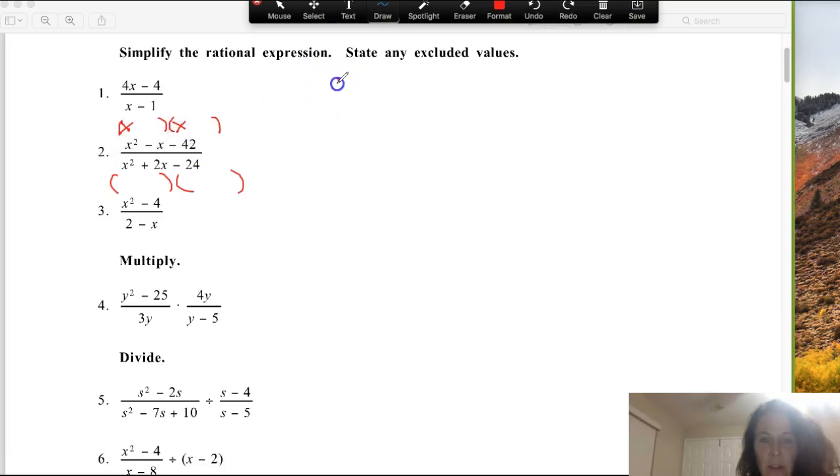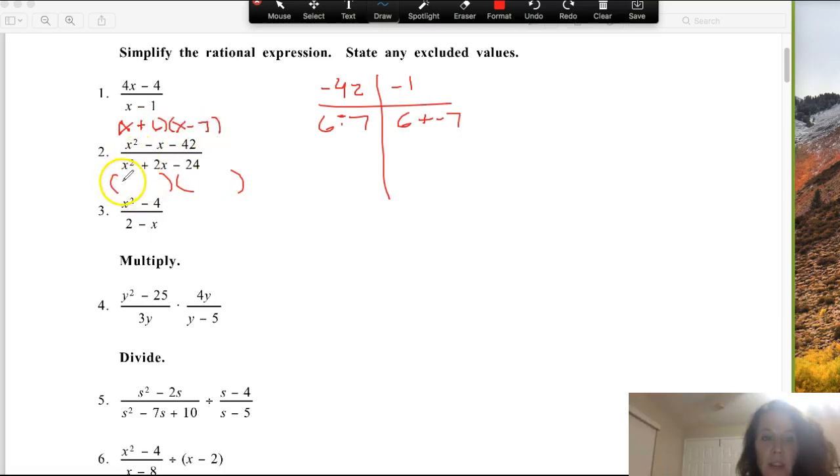I'm trying to figure out the factors of 42 that will add up to be negative 1. Well, I know 42 is 6 times 7. And I want one of them to be negative for this to be negative, so I'm going to make the 7 negative. 6 plus negative 7 is negative 1, and that will work. So I'm going to go plus 6 and minus 7.